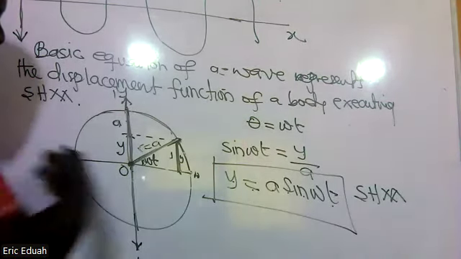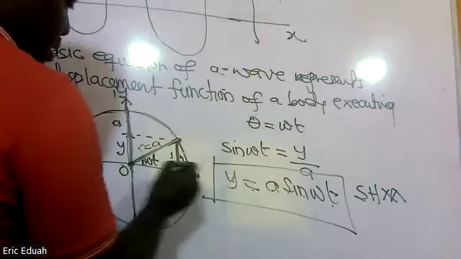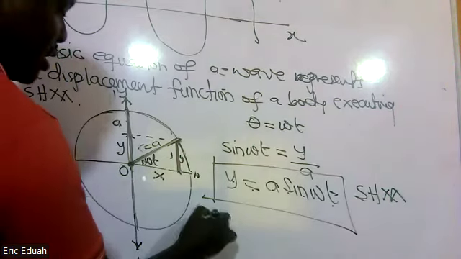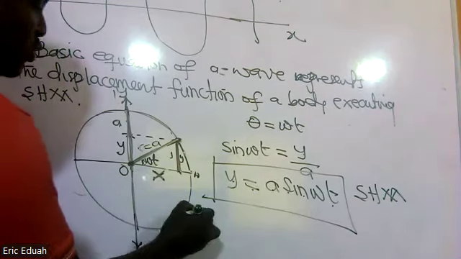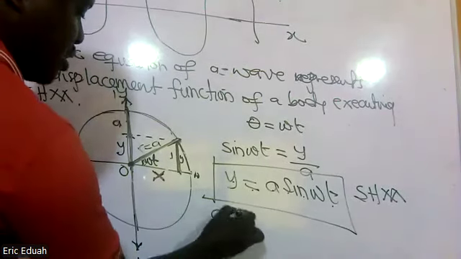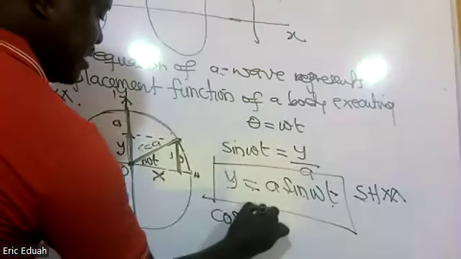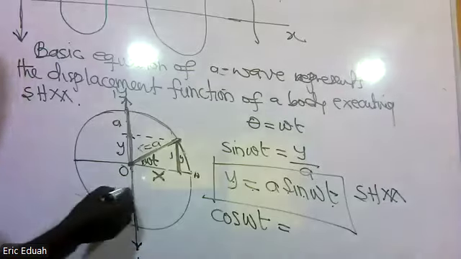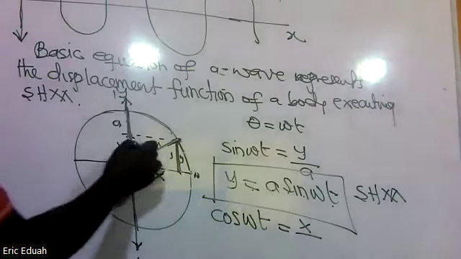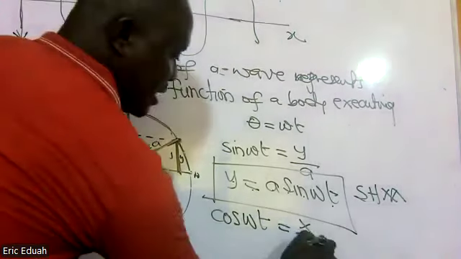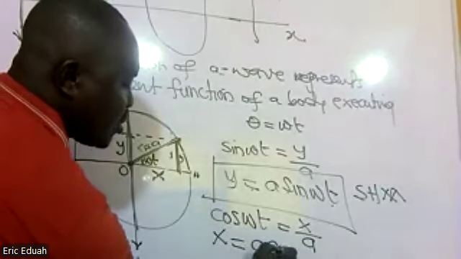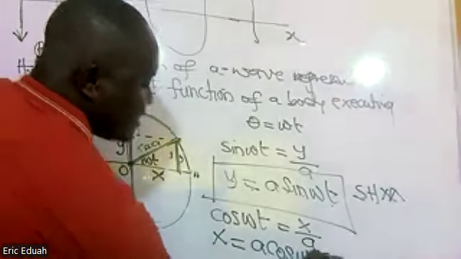If it is oscillating horizontally, you need to find x. For determining x, we have to use cosine. So when we take cos omega t, cos omega t is equal to x over the hypotenuse, which is A or R. Therefore, x is equal to A cos omega t.